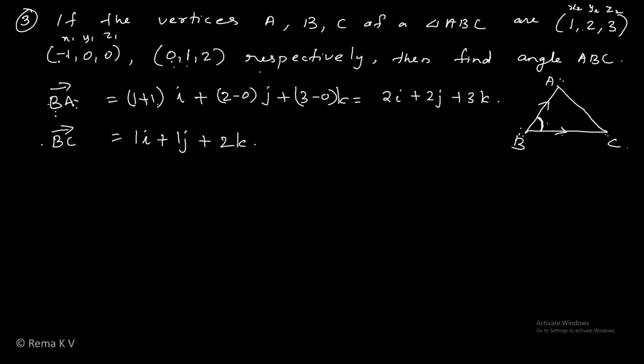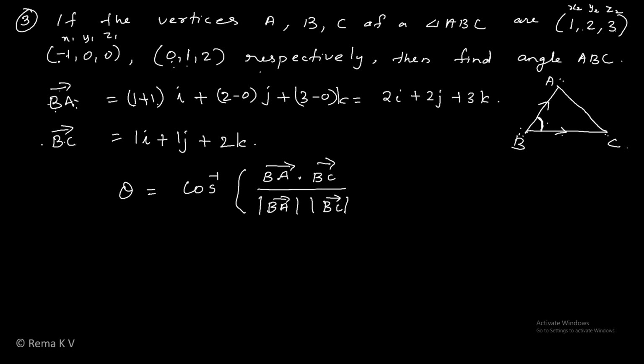Now we had learned that to find the angle between two vectors, theta is equal to cos inverse of BA dot BC divided by modulus of vector BA into modulus of vector BC.